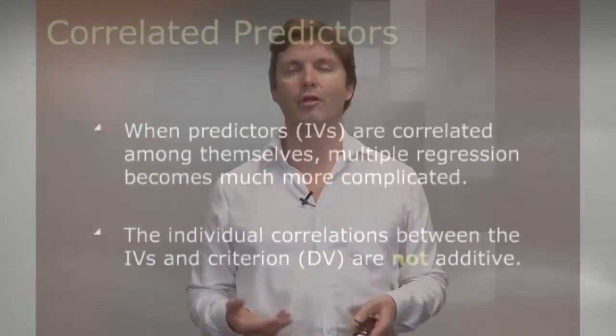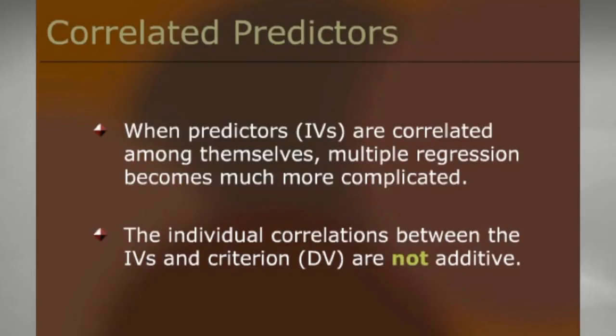Having uncorrelated independent variables in the social and behavioural sciences is really quite unrealistic. It's far more likely to have independent variables correlated with each other, amongst themselves. And this makes multiple regression much more complicated because we can no longer add the little r squareds to arrive at the multiple R squared.